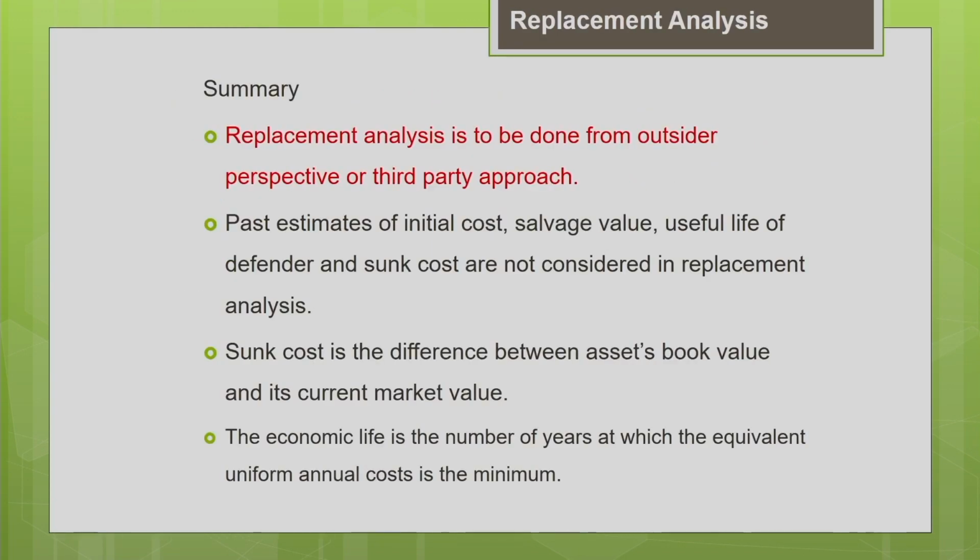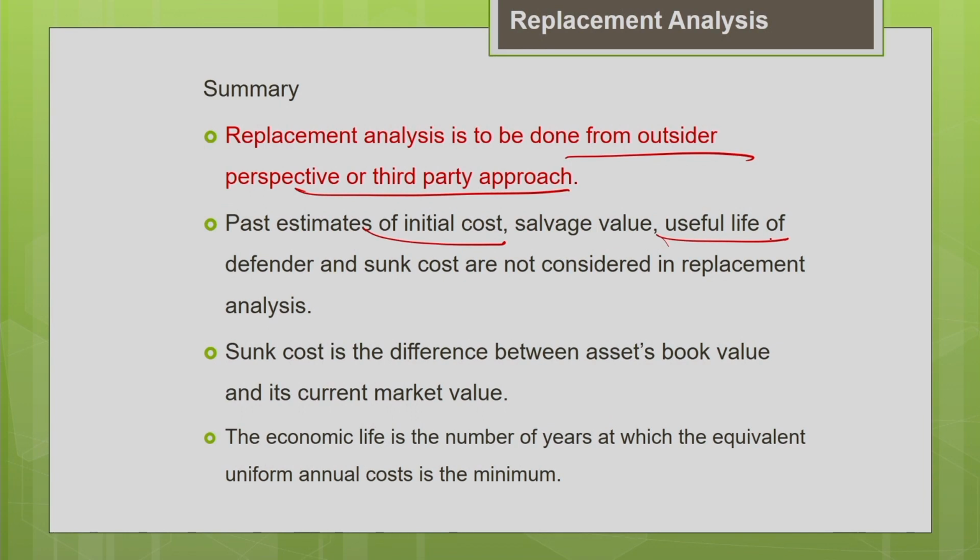So, we have come to the end of this lecture 8. Let me summarize whatever we have discussed so far. As I told you earlier, the replacement analysis is to be done from an outsider perspective or the third party approach. So, the outsider is not concerned about your initial purchase price. For him, for the current equipment, he is concerned only about the current trade-in value of the machine in the market.